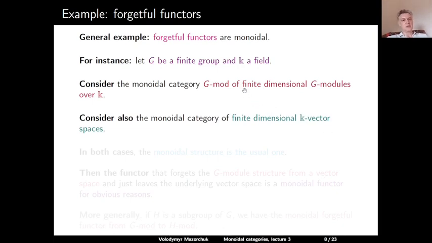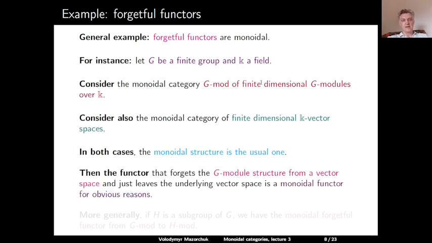Note that the tensor product of G modules is actually the tensor product of K vector spaces, but with some additional structure, an action of G on it. So we consider these two categories with a standard monoidal structure on both, and then the functor, which forgets the additional G module structure on the tensor product of two G modules, and just leaves the tensor product of the underlying vector spaces, is a monoidal functor for obvious reasons.